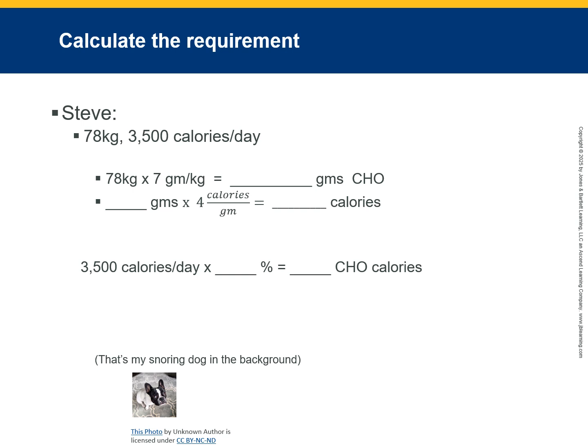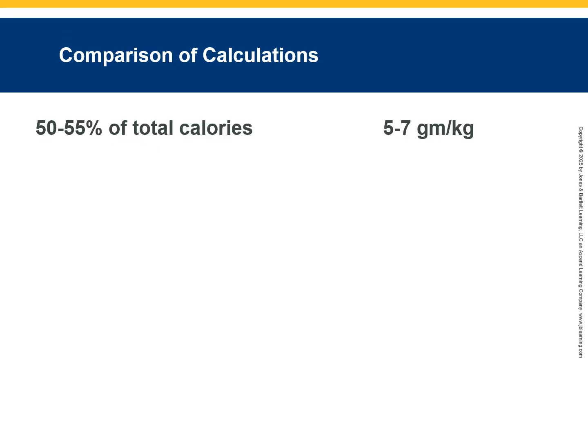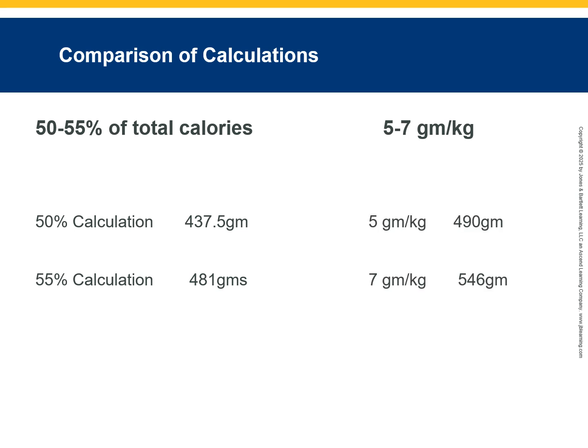And to determine what percentage that is of his total caloric intake, the math equates to about 63%, which is a little bit higher than that recreational athlete value of 50 to 55%. So let's compare those calculations. 50 to 55%, we have 437.5 grams to 481. If we use the range associated with the body weight recommendations, we get something a little bit higher.